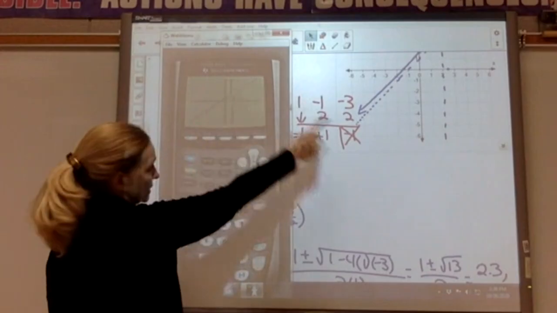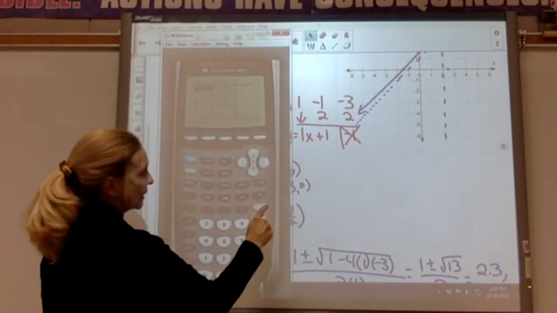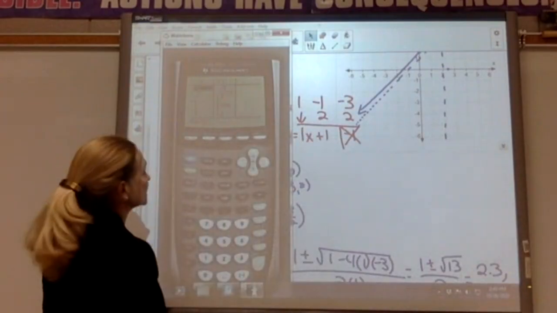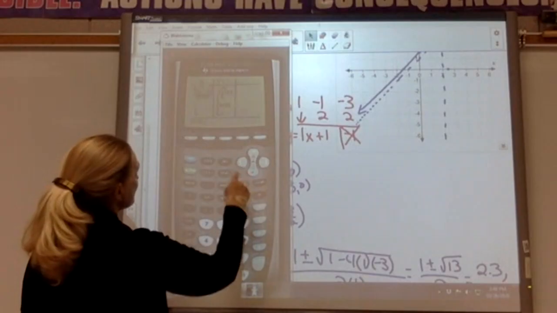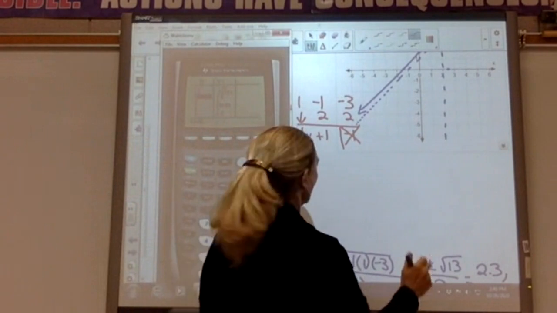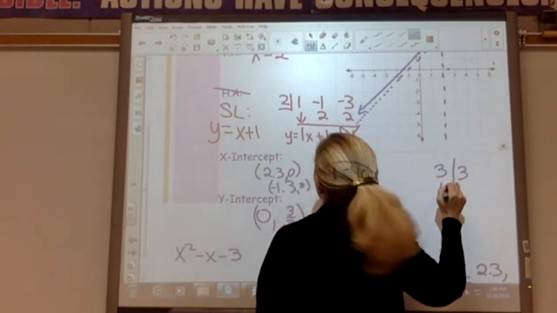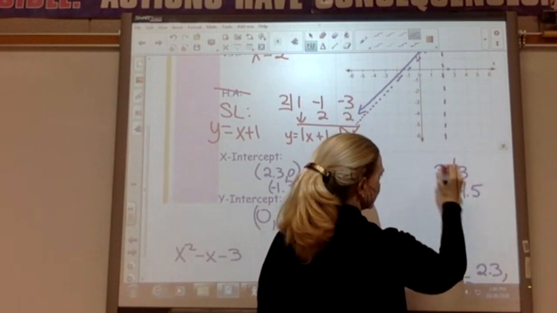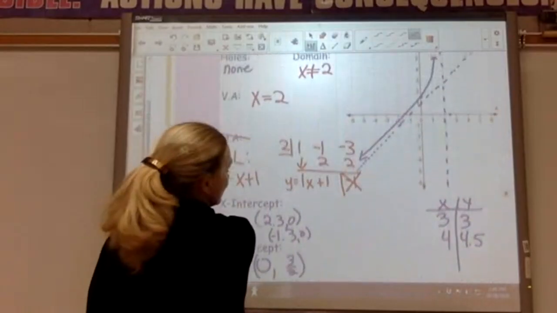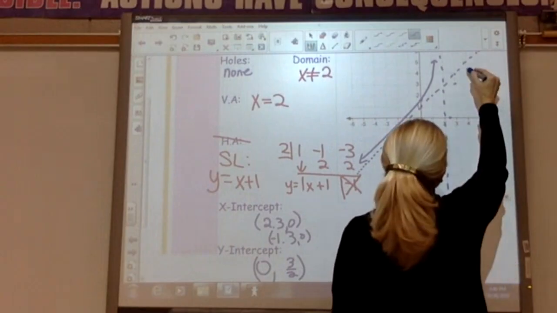So I had this one. I just need to get the one on the right. So I'm going to go to my table. And this is my vertical asymptote with a 2. So I want to pick some numbers on the right side of 2. So like 3, and 4 is 4.5.